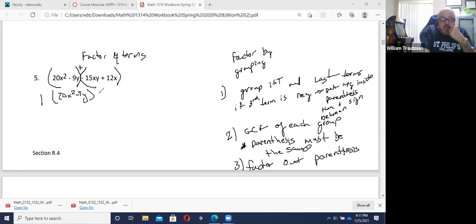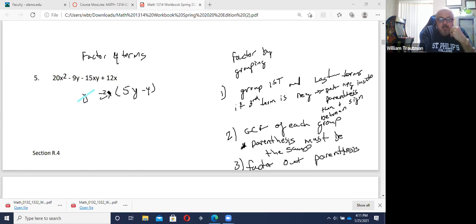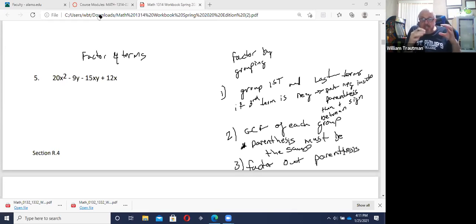Here, you can factor out a -3x, but then you're left with 5y - 4, and the parentheses are not identical. So you can't do that. So that's not possible. However, if that happens, where your parentheses are not the same, what you can do is try to rearrange.